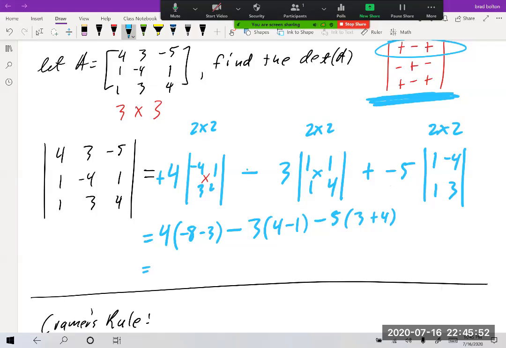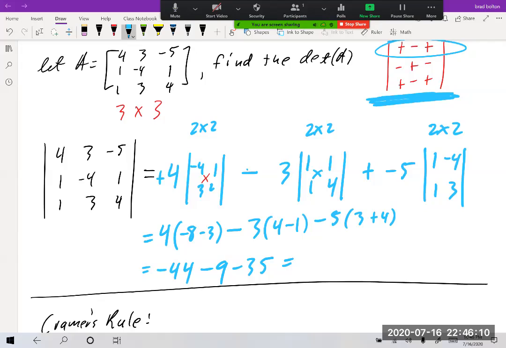So this would become -11, so this would be -44. This would become -9, and then this would become 7 minus 35.